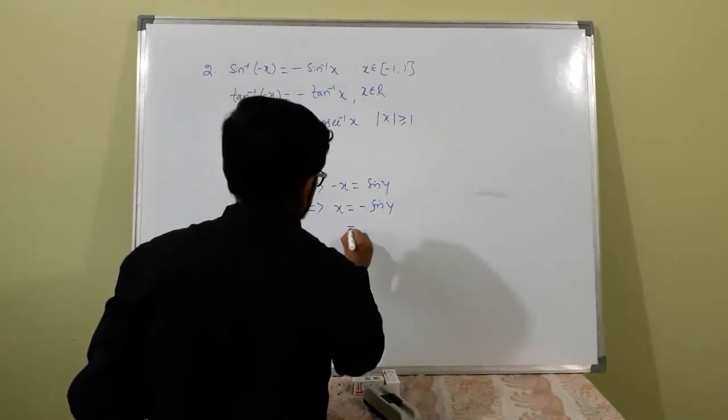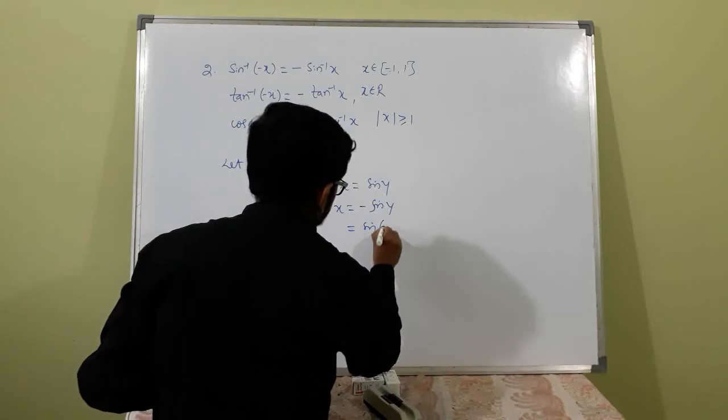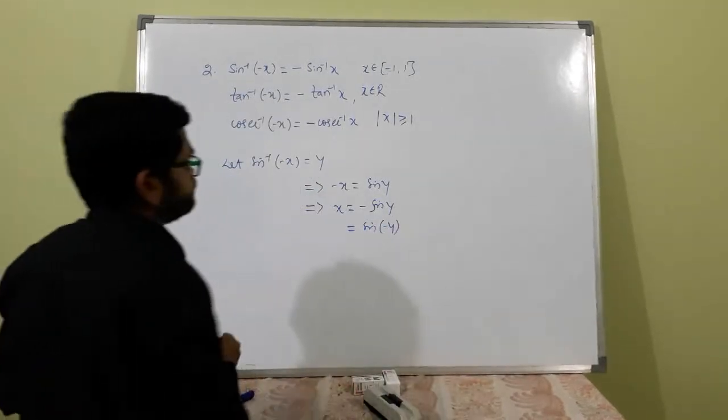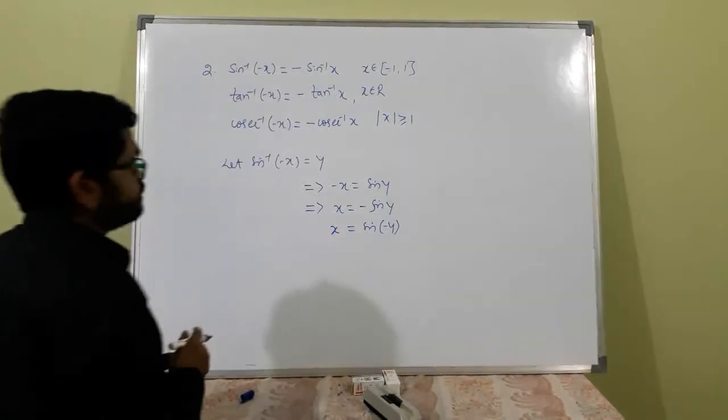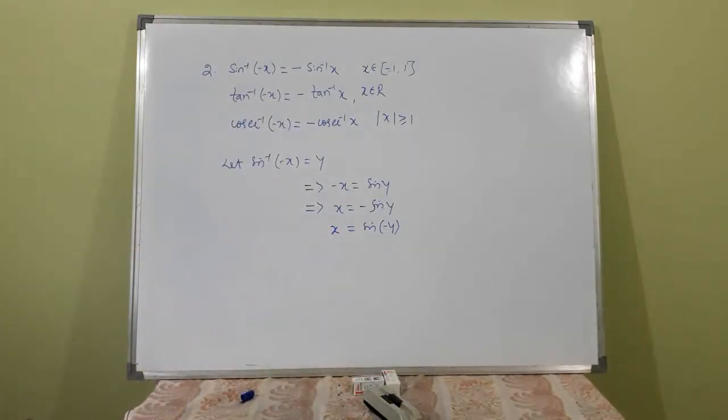Minus sine y is the same as sine of minus y. So x is equal to sine of minus y.